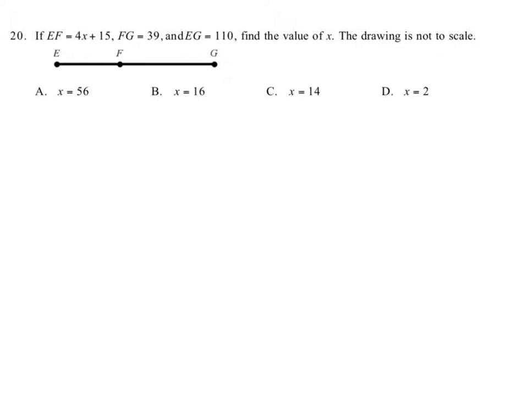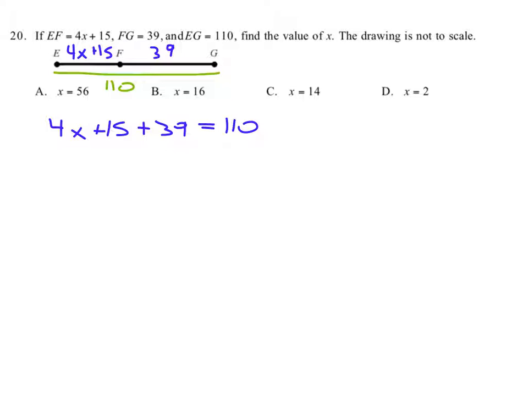Okay, if EF is 4x plus 15, and FG is 39, and we know that EG, the entire thing, is 110, then find the value of X. Well, segment addition postulate again, 4x plus 15 plus 39 equals the entire length of 110.